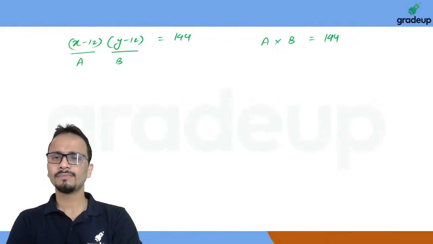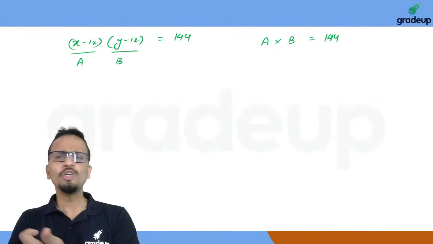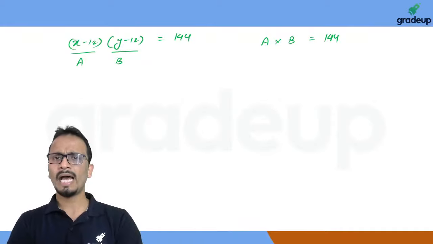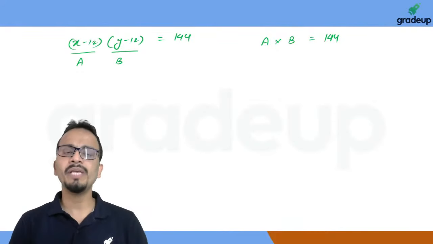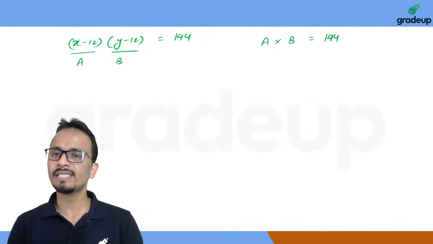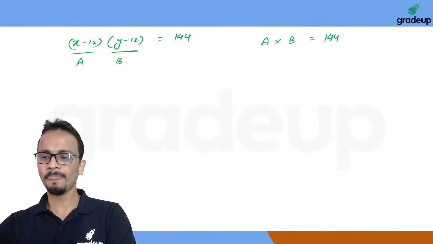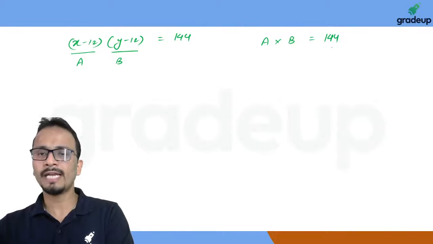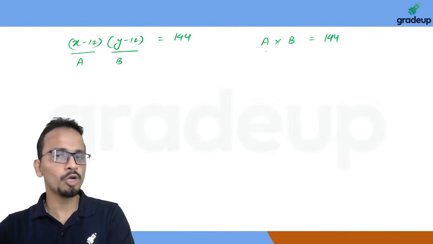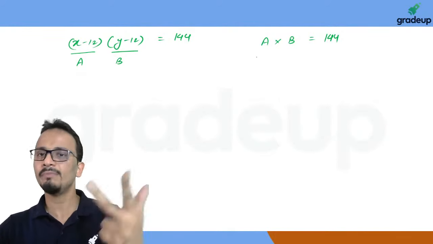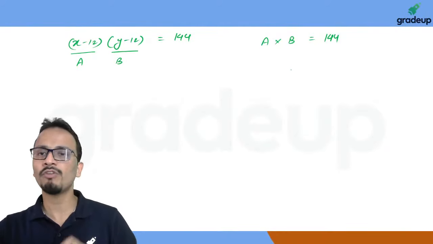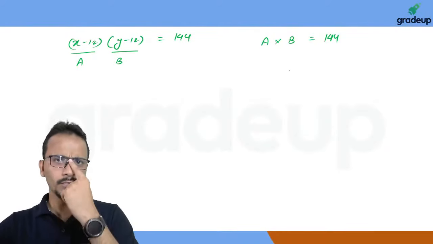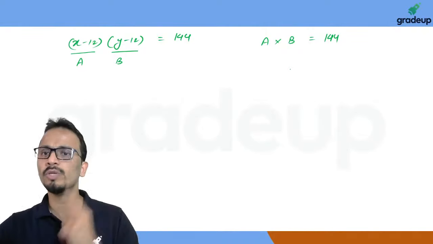Now A into B is 144, and I have to find the values of A and B, using which I'll be able to find the values of x and y. Now 144 on the right hand side is written as the product of two numbers A and B. So I'll write out all the possibilities of writing 144 as the product of two numbers.